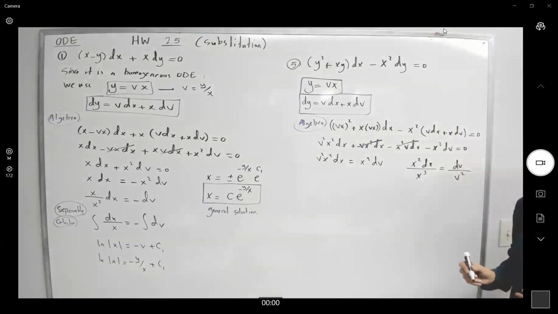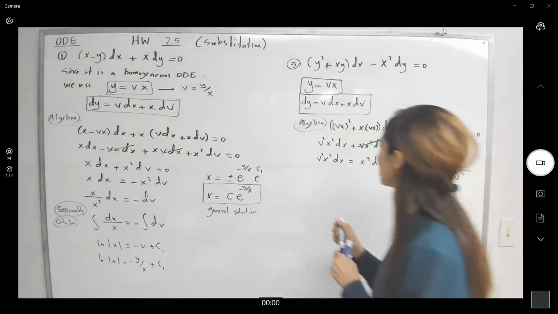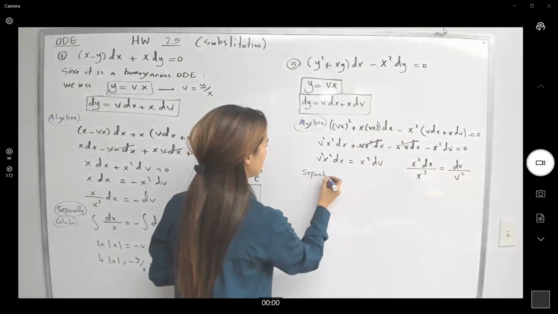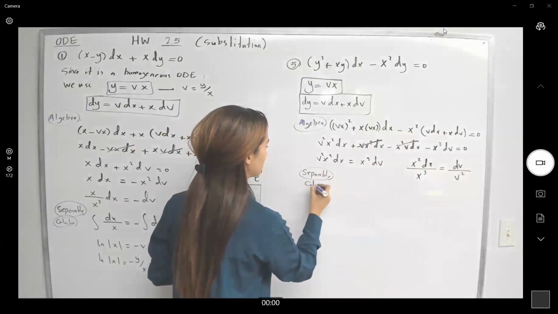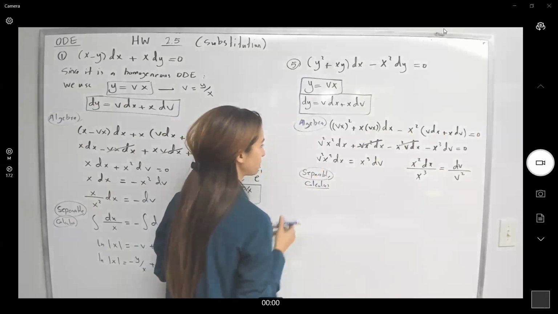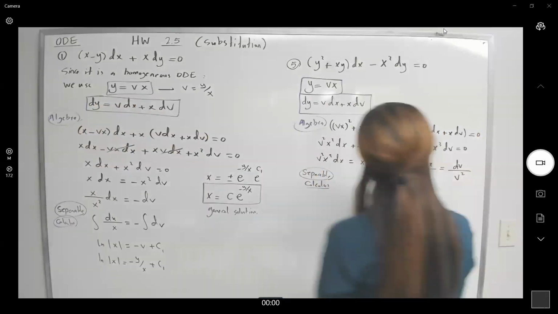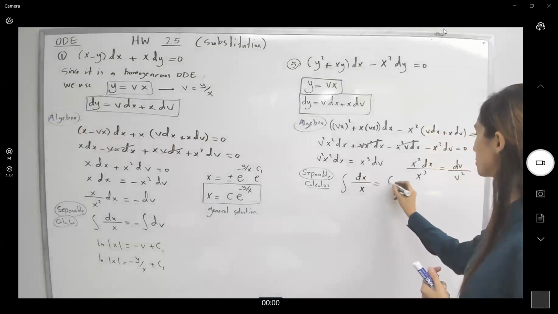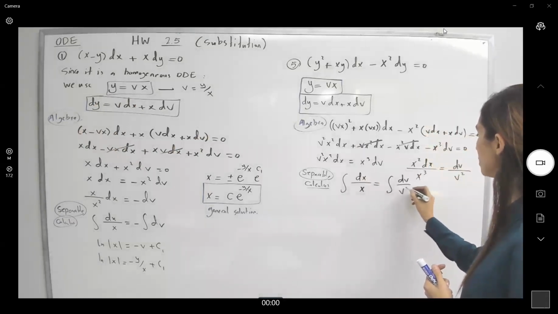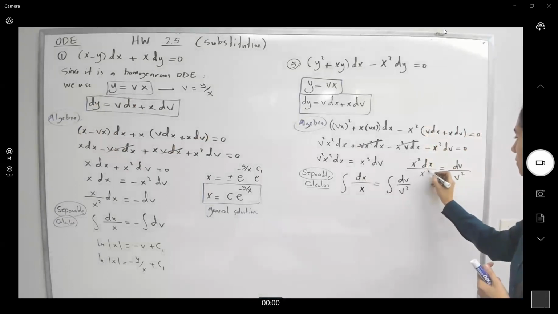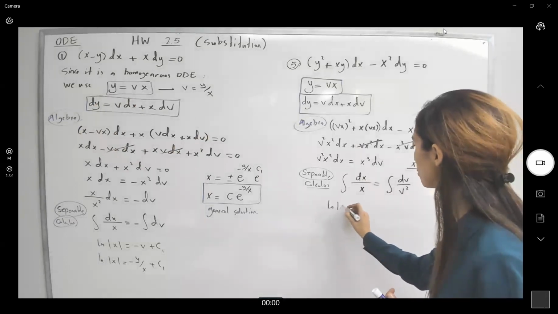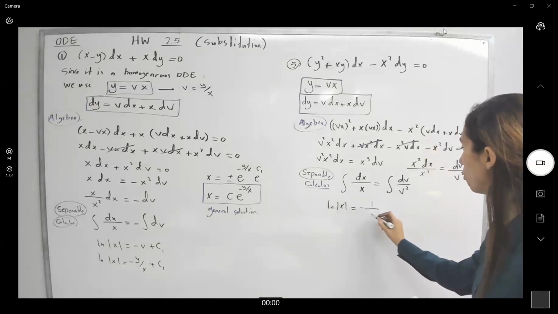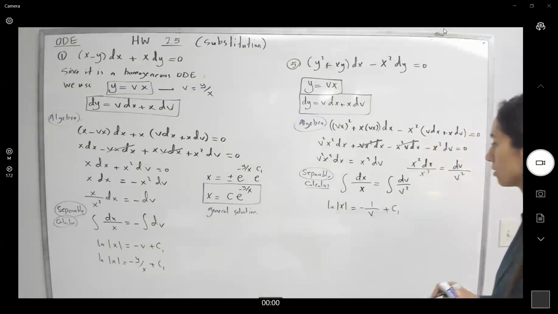So it is separable. Now we can apply the integrals. Calculus. The integral of dx over x becomes integral of dv over v squared. So ln of absolute value of x becomes negative 1 over v plus constant of integration.